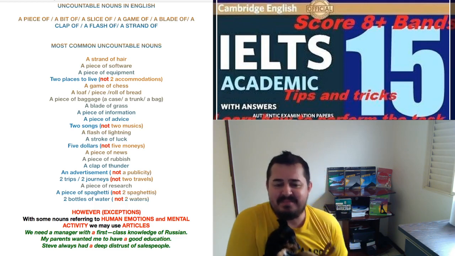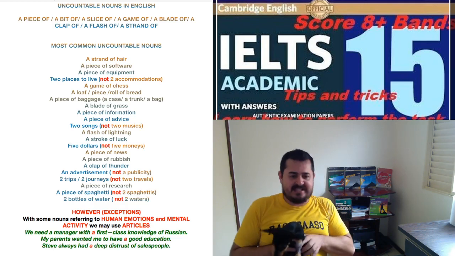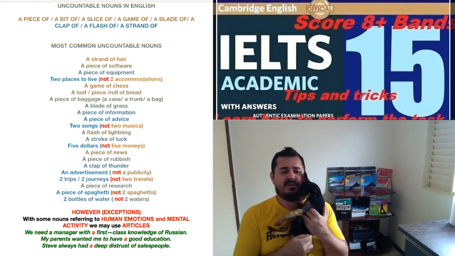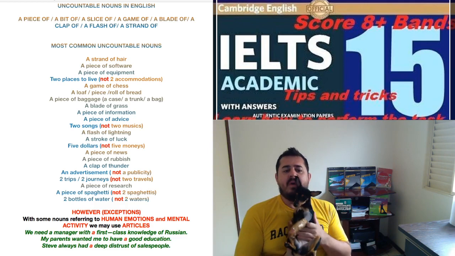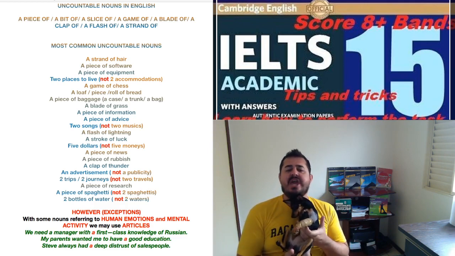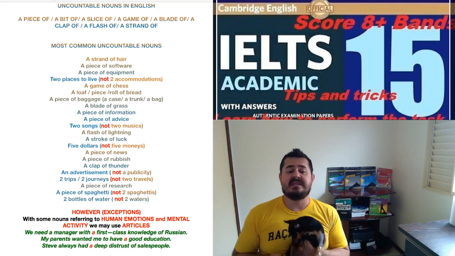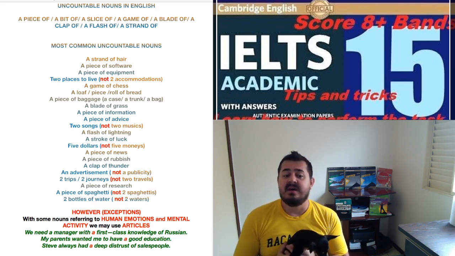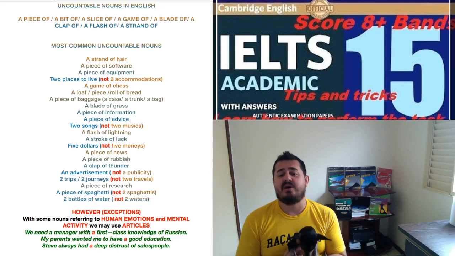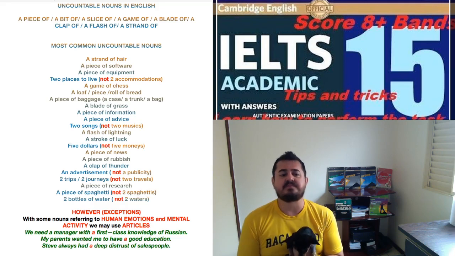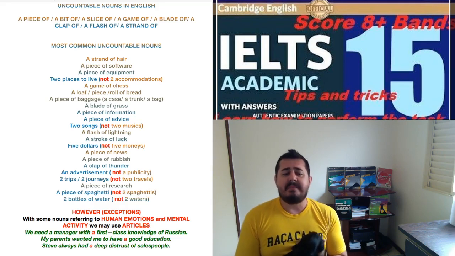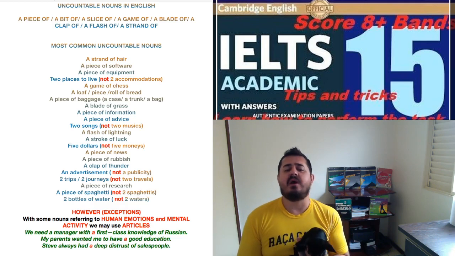However, there are some exceptions. Every rule has exceptions. So let's have a look. With some nouns referring to human emotions and mental activity, we may use articles. So, we need a manager with a first-class knowledge of Russian.